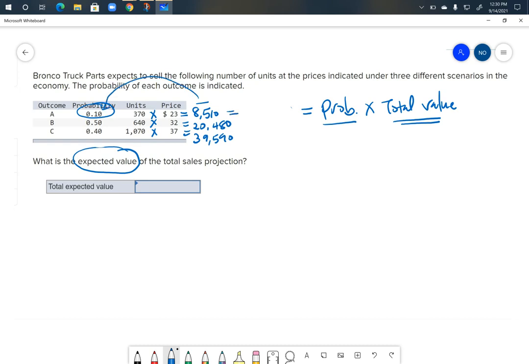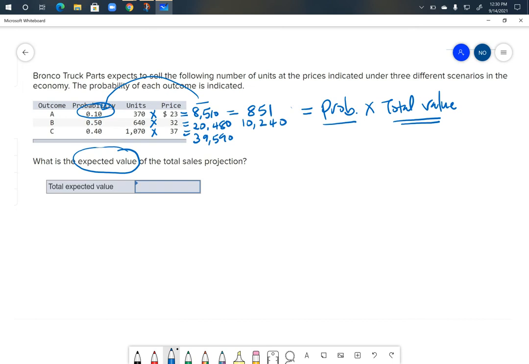And then what you do will be to multiply each total value here with its respective probability. For the first example, we are talking about 8,510 times 0.1, and this gives us 851. We do the second example, 20,480 times 0.5, and this gives us 10,240.